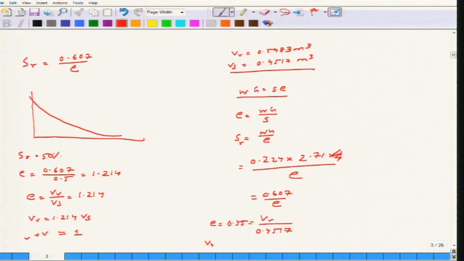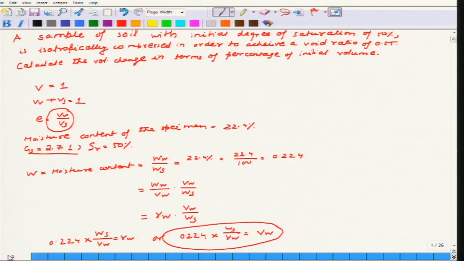So the total volume of voids is 0.4517 into 0.55. Remember, this E is after isotropic compression, because it has already been said in the first page that it is isotropically compressed in order to achieve a void ratio of 0.55. That means the void ratio of 0.55 is after the isotropic compression.